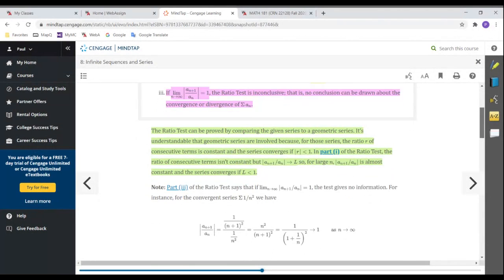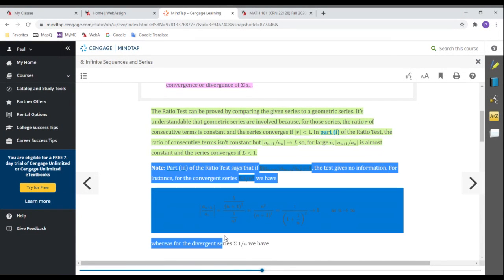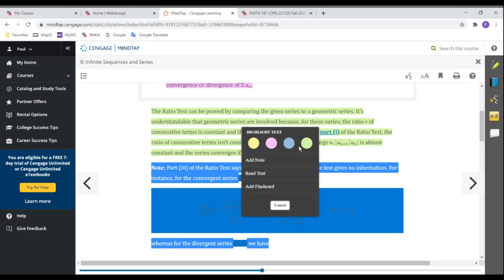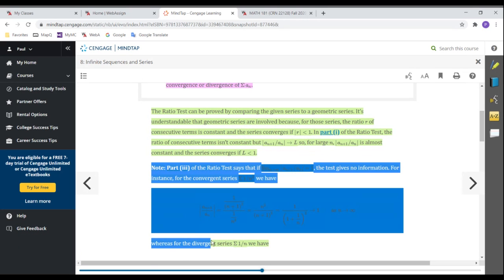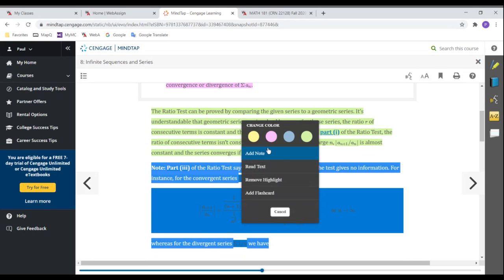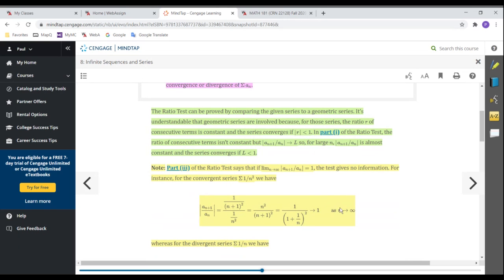Okay, so for instance, I think this is worth looking at. Let's say you have the series 1 over n squared. Now that series is a p series, and you know that series converges because p equals 2, which is greater than 1.